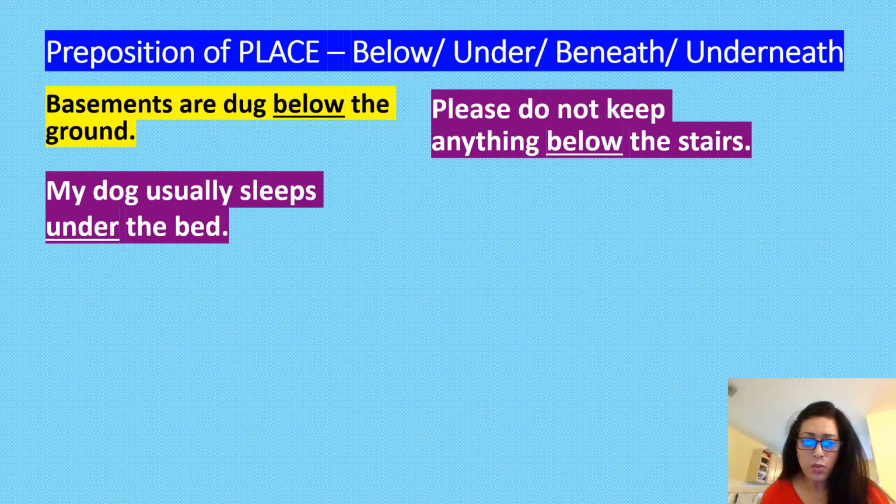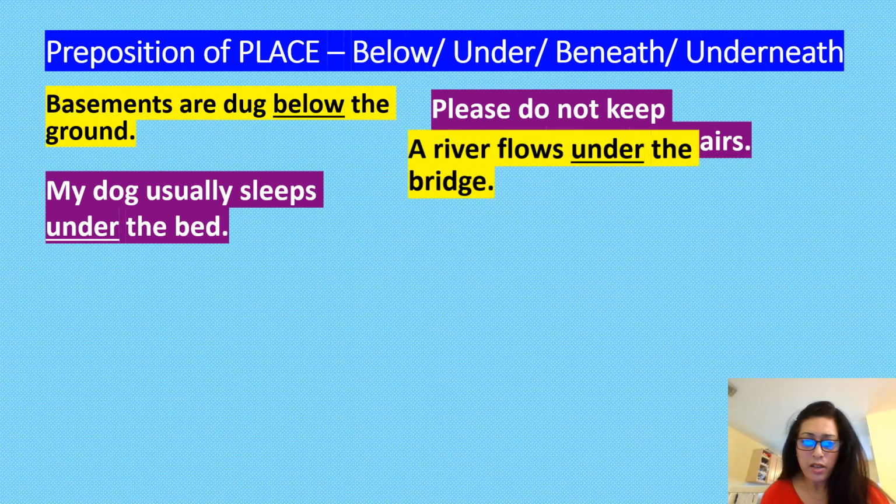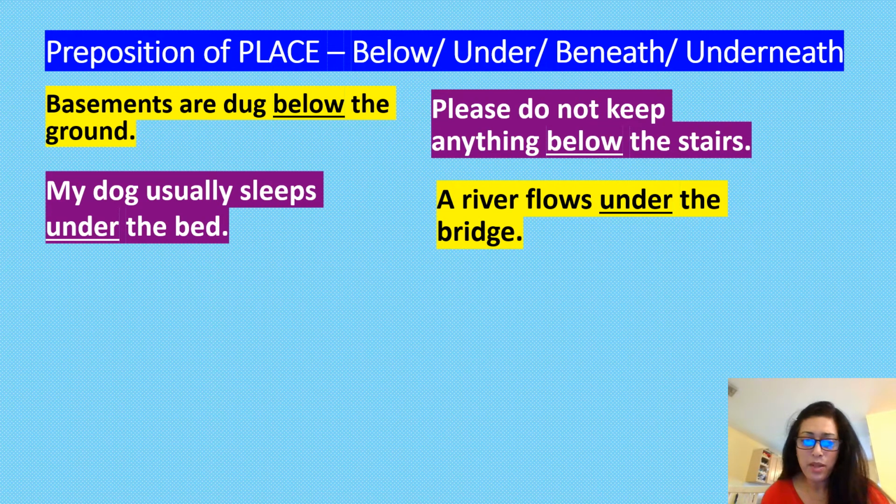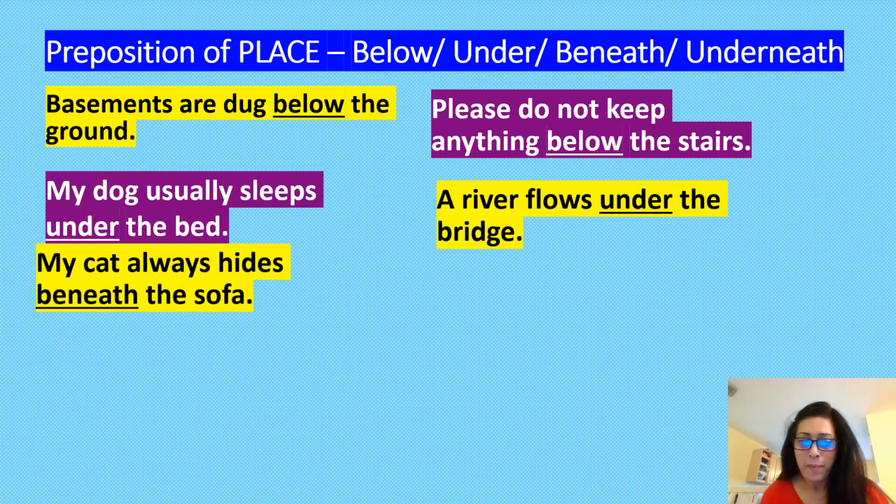Now starting with the under, under is used when something is directly under another. Like my dog usually sleeps under the bed. Underneath is often used to say something that is covered by another thing.